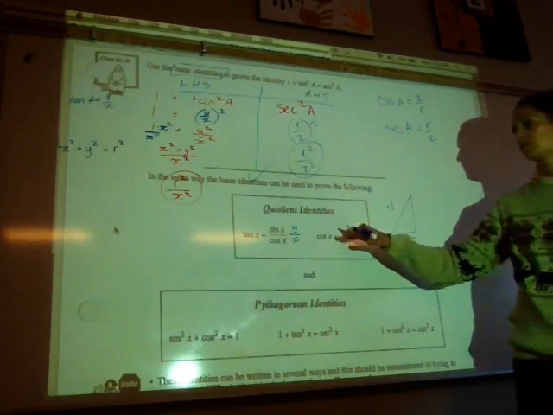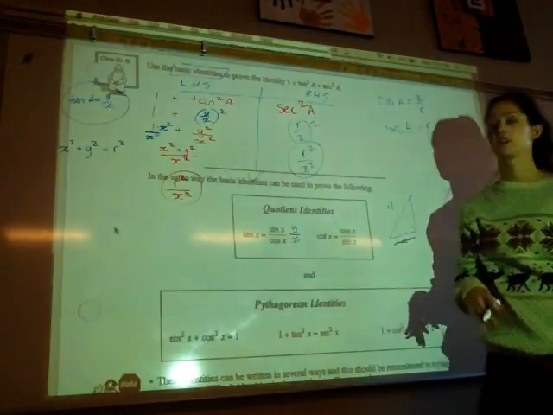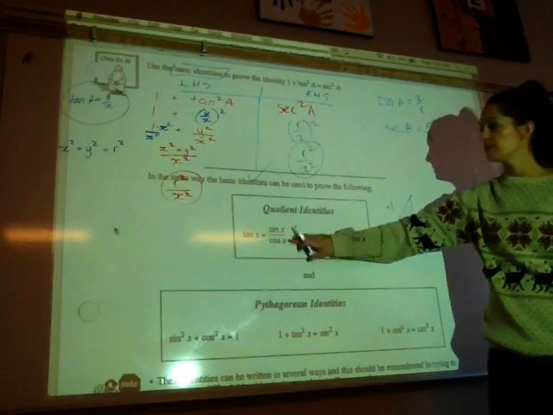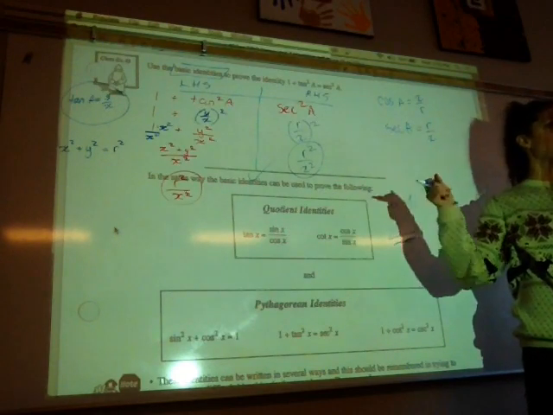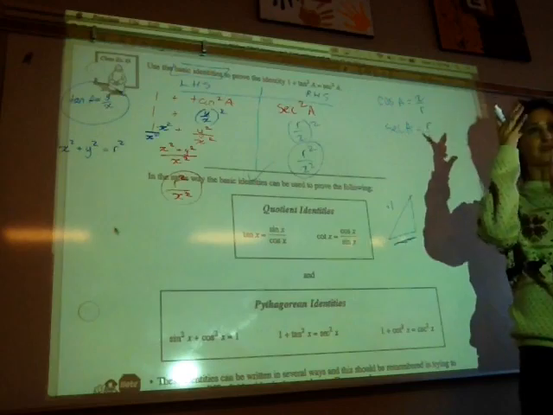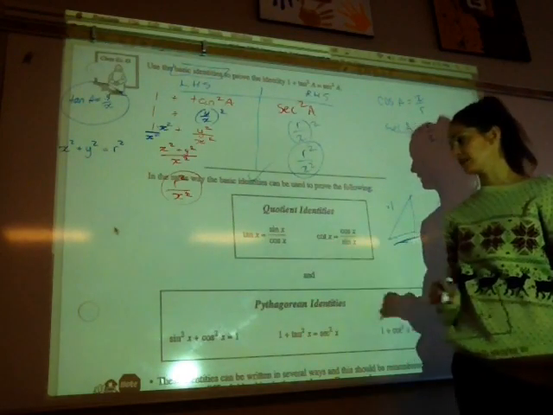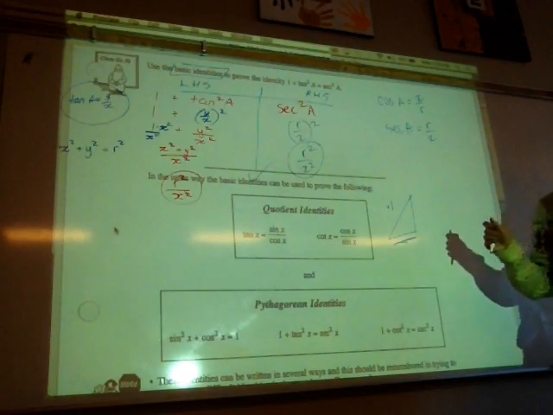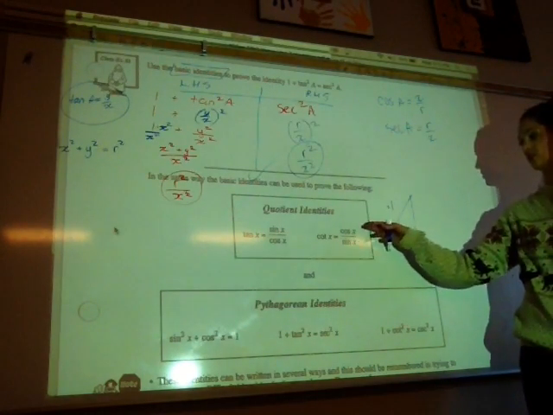By using this basic identity, we're now transferring it to a quotient identity. I believe this is on your formula sheet as well. You don't have to memorize it, but it's good to have it at the front of your brain so you can access it quickly. So tan x equals sine x over cosine x, and the reciprocal of tan is cotangent, so we're just flipping the numerator and denominator. Cotangent is cosine over sine.